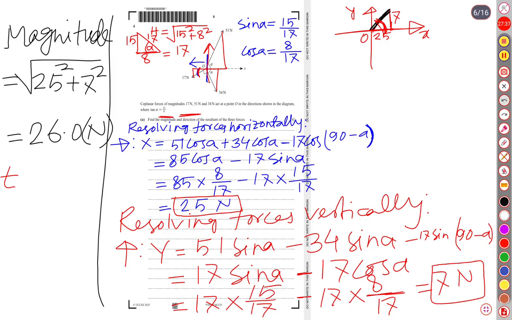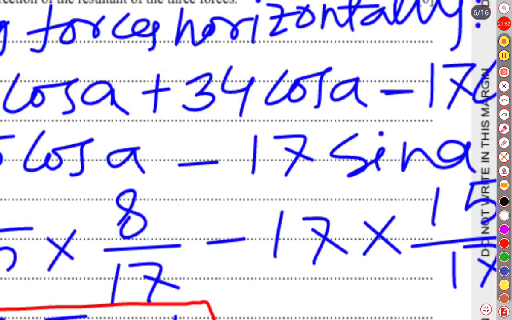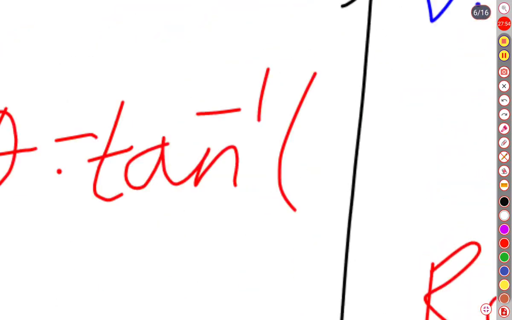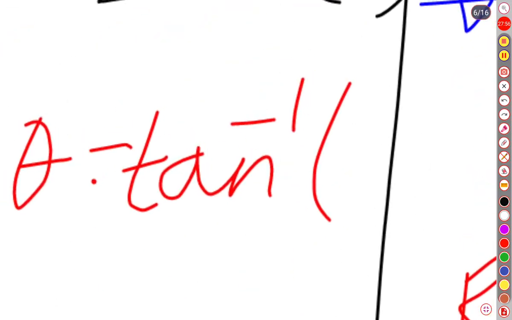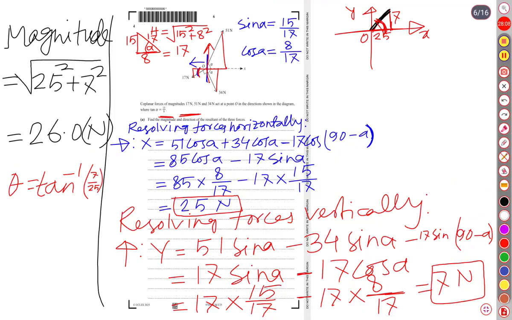Let us write our angle, the direction. Angle theta is equal to tan inverse of 7 over 25. Then we will find the value of this using our calculator.